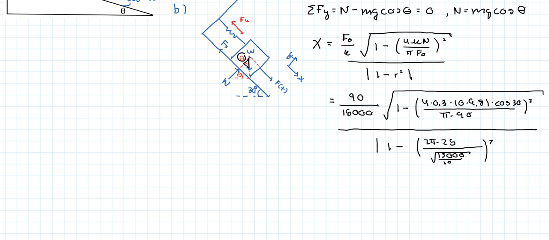All of this squared. So we get a steady state amplitude of 0.0003622 meters. We're going to highlight this guy.